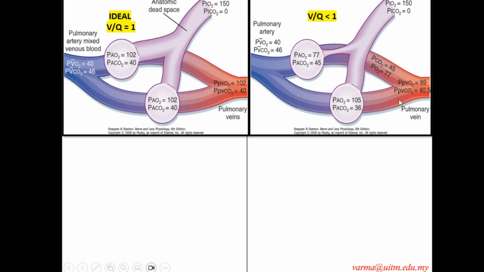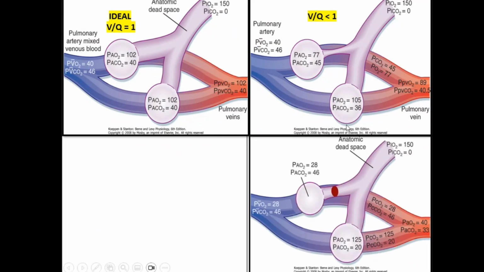Thus, at the end capillary, before reaching the pulmonary vein, you can see there is a drop in PO2 level. But the PCO2 is still somewhat maintained, not much different, because your PCO2 has a very high trigger for your chemoreceptors that can increase your alveolar ventilation to match up your PCO2 level. It compensates your CO2 faster.